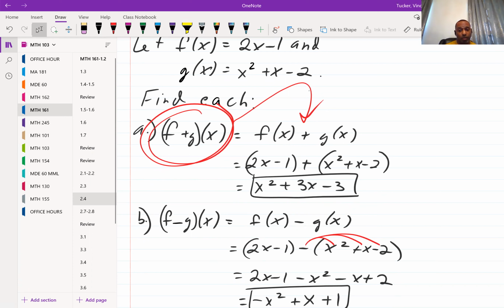And that'll give us negative x squared plus x plus 1. Everybody done with A?